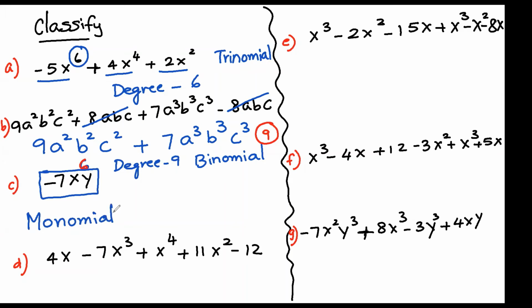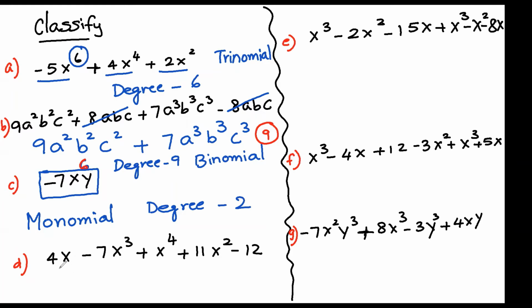Now the question is, what is the degree of this monomial, to be more specific? I told you, when you have more than one variable, you add the exponents. So you have x to the power of 1, y to the power of 1. So the degree of this polynomial is 2.